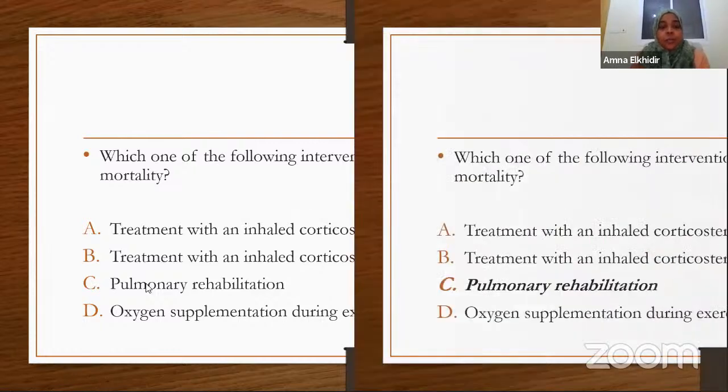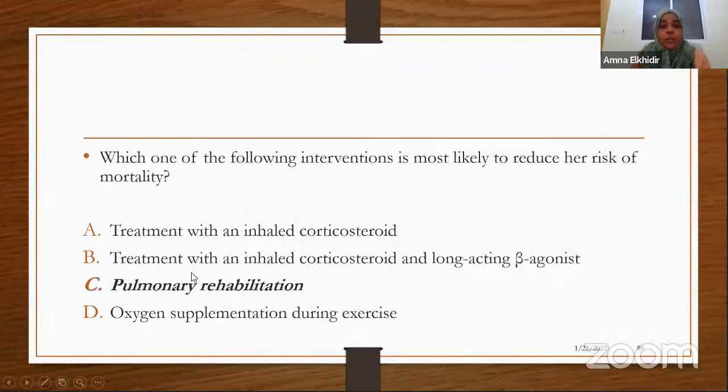Answer C, we should start pulmonary rehabilitation, which includes programs like exercise and nutritional counseling.